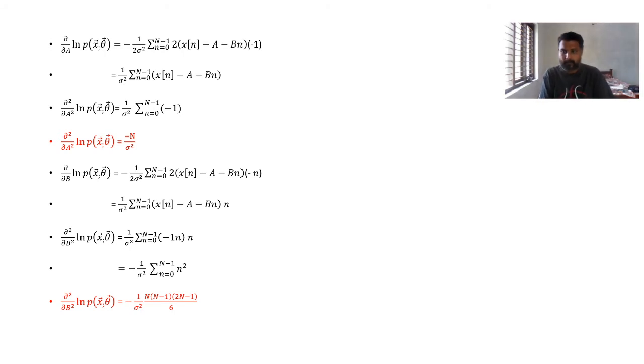Now we have to calculate ∂²/∂a∂b. We have to differentiate ∂/∂a of ln p(x;θ) with respect to b.